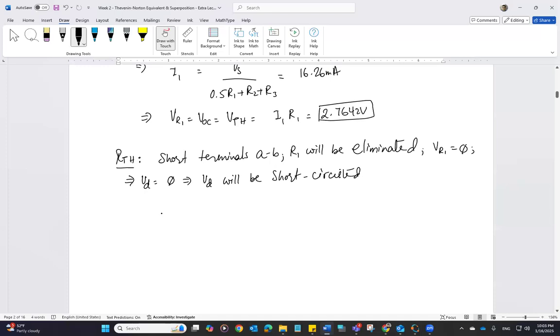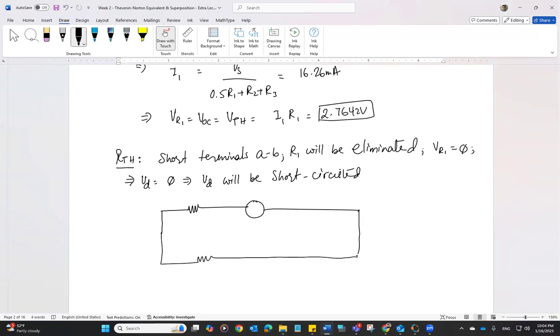So our final circuit, when we do this, is going to be R2, VS, short circuit AB, and so this is A, B, and we are trying to find the short circuit current, ISC. This is my VS, R2, and R3.